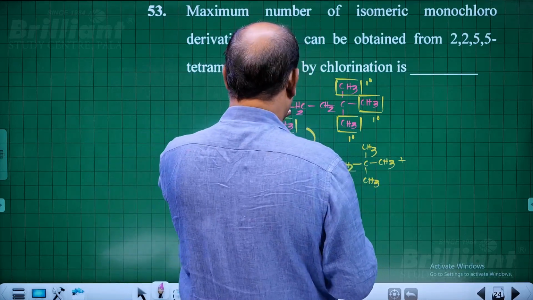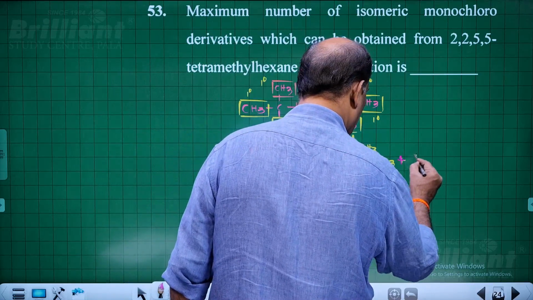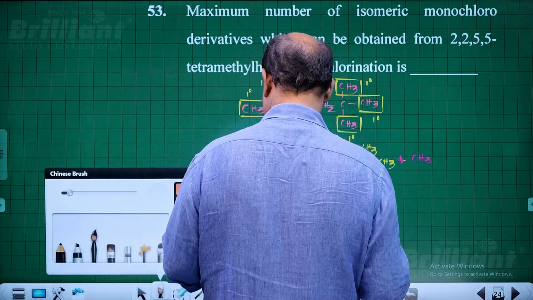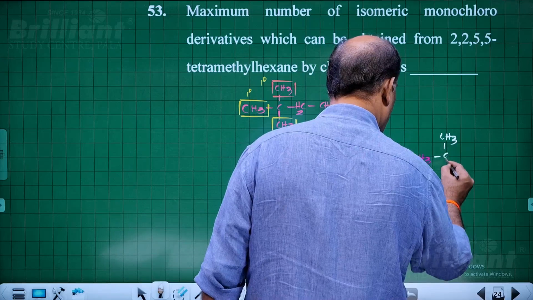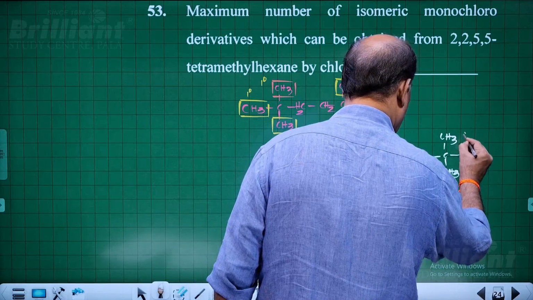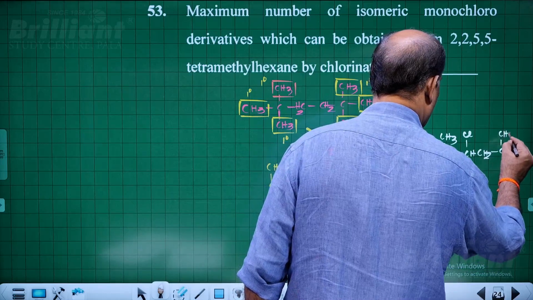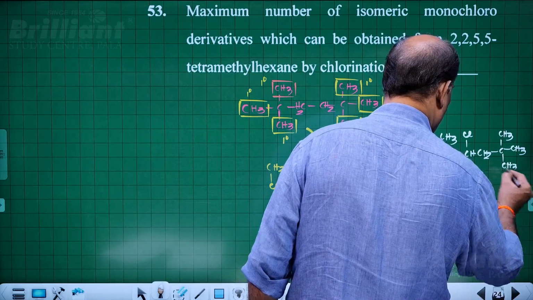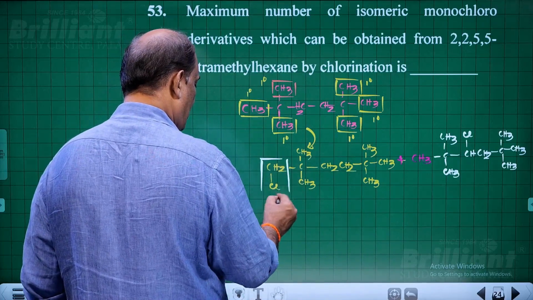This cannot be, because any one of the hydrogens is the same. Now I am taking this: CH3, CH3, CH3, CHCl, CH2, CH3. So here this is not a chiral carbon.